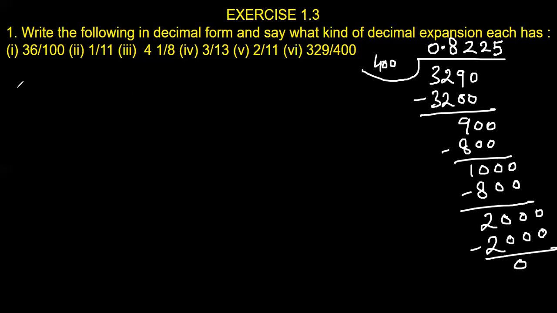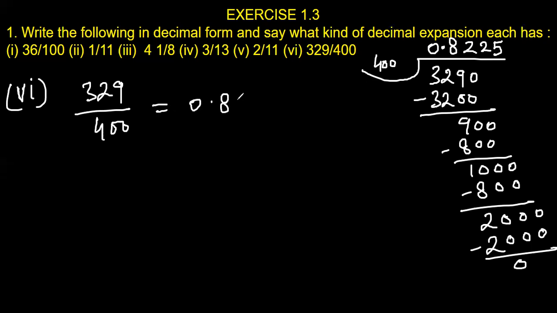That means in the sixth part, this 329 divided by 400 is the same as 0.8225.